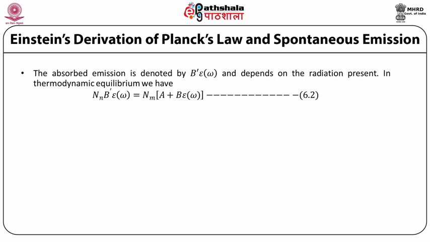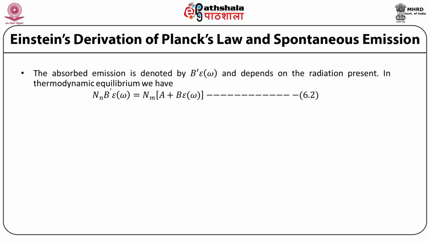In thermodynamic equilibrium, the rate of absorption, N n into B prime epsilon omega, and the rate of emission from the state m, N m multiplied by A plus B epsilon of omega, must be equal.